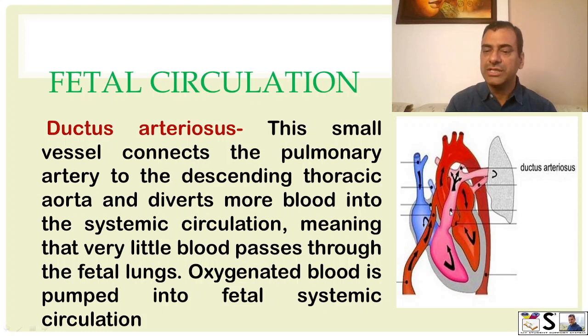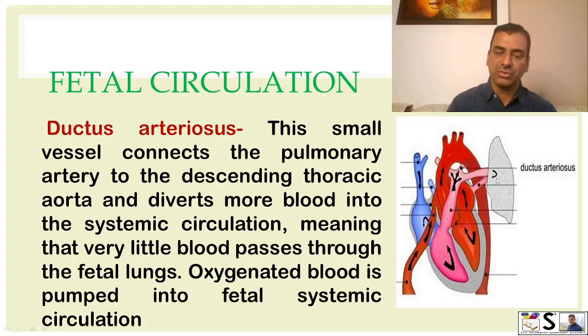Normally from the right ventricle blood goes into the lungs, but here there is a temporary arrangement, the ductus arteriosus. This blood is already oxygenated, so it directly enters the aorta, and the majority comes through the left ventricle to the aorta. In this way the blood bypasses the lungs also.